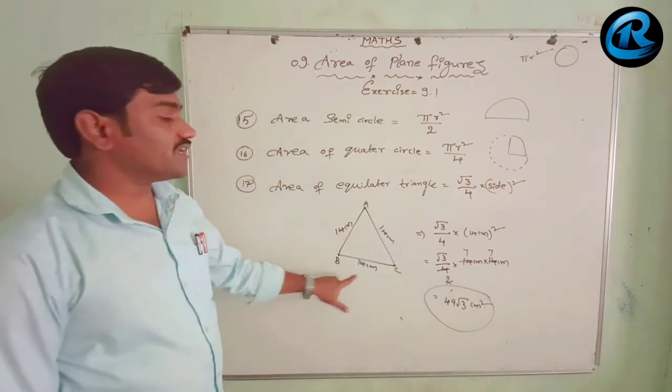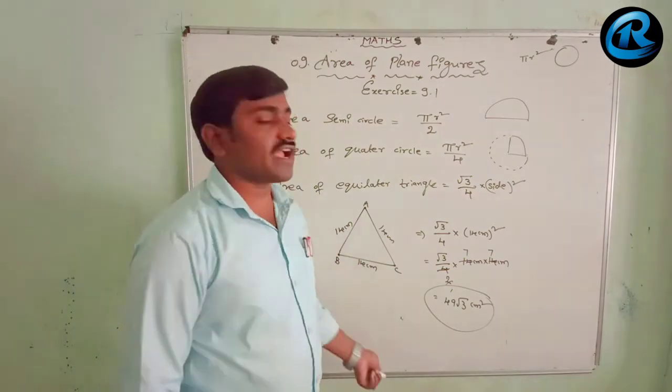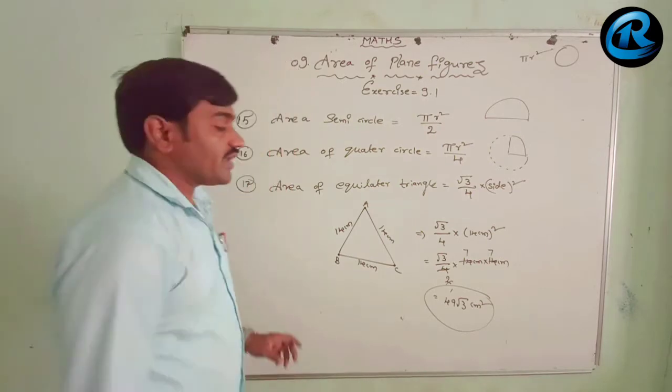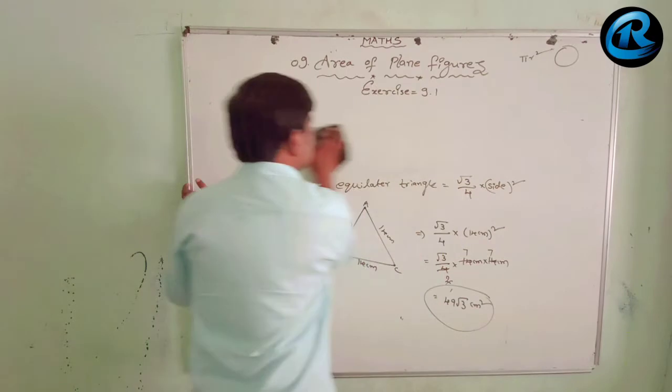If the side of the equilateral triangle is 14 centimeters, then the area of this equilateral triangle by using the formula root 3 by 4 into side square, we get 49 root 3 square centimeters.